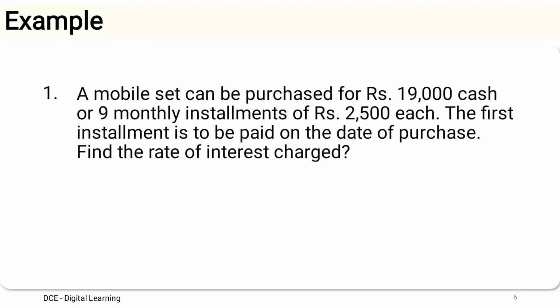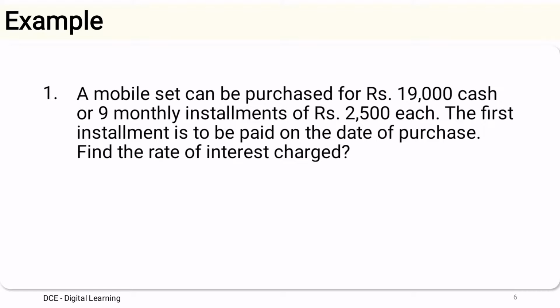Let us understand this concept with an example. A mobile set can be purchased for rupees 19,000 cash or 9 monthly installments of rupees 2,500 each. The first installment is to be paid on the date of purchase. Find the rate of interest charged. So students, in this case, the buyer of the mobile has two options.